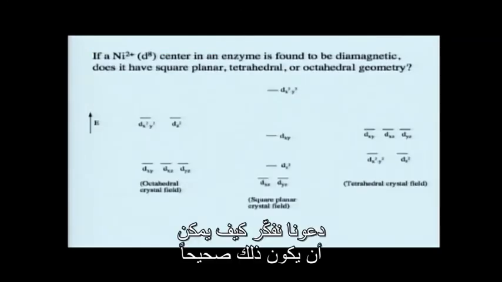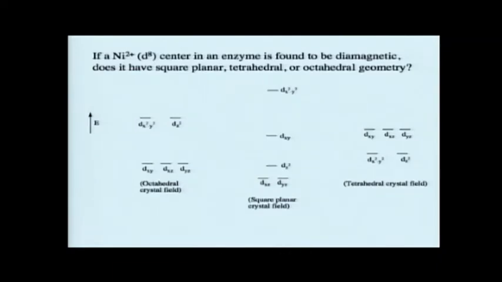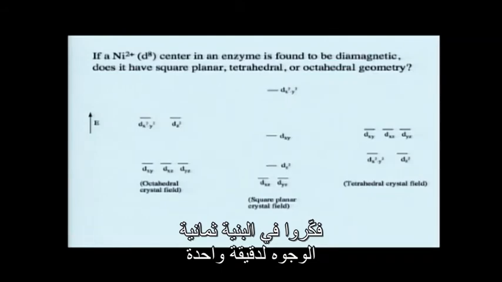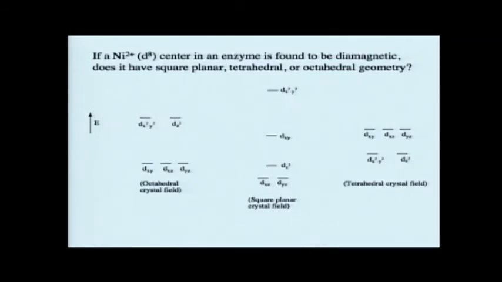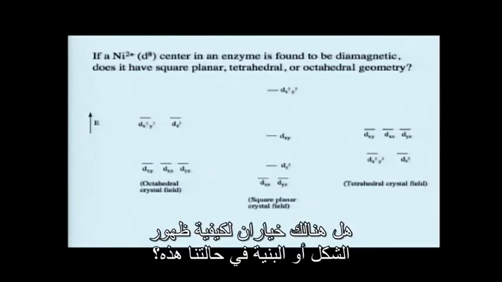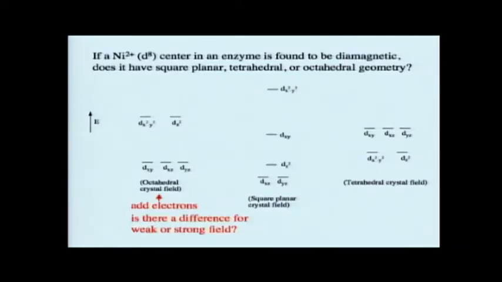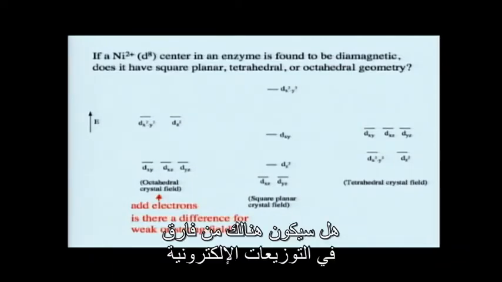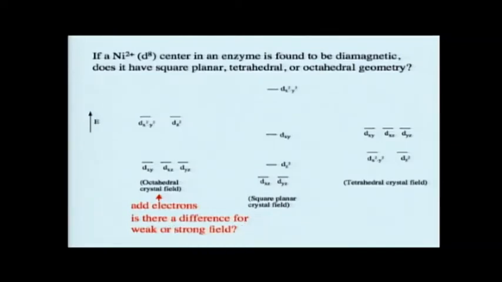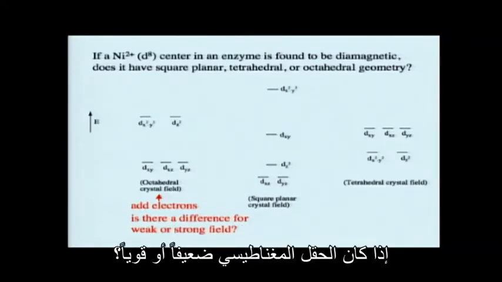We can predict the geometry based on that information. Let's think about how that's true. We have a d8 system. Think about octahedral for a minute. Are there two options for how this might look in this case? Is there going to be a difference in electron configurations if it's a weak field or a strong field?